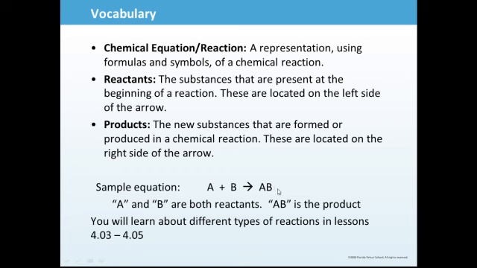A and B are both reactants, and they come together to form some product, and that product has both reactants in it. And remember, the subscripts may change depending on the common charges, if it's an ionic compound and things like that.